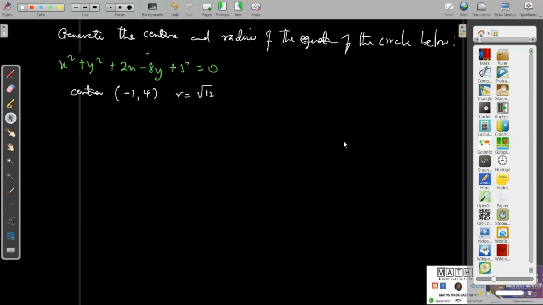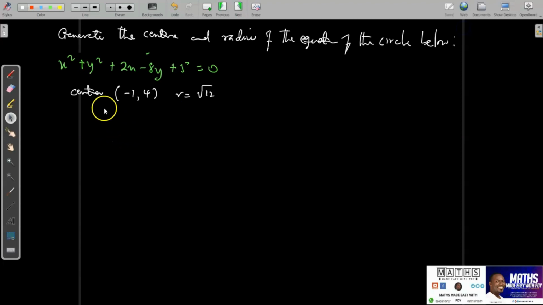So any other person who did not use the completing of squares method but used the formula? All right, so let me go through fast. Maybe I'll use one method.